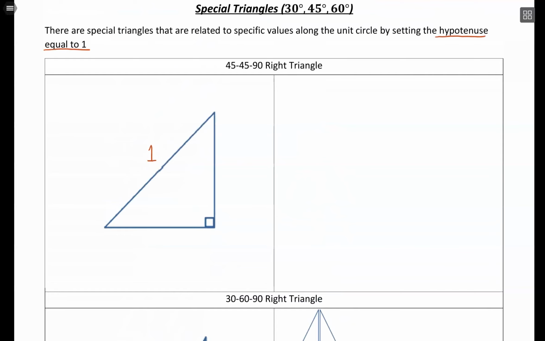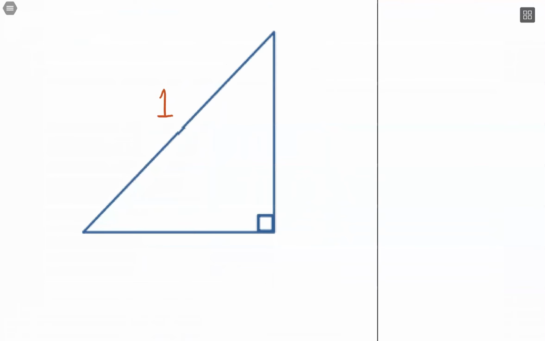All right, 45, 45, 90. So that's telling me that we have an angle measurement of 45 degrees. And if one of the angles is 45, then the other angle also has to be 45, so that all three angles add up to 180 degrees.